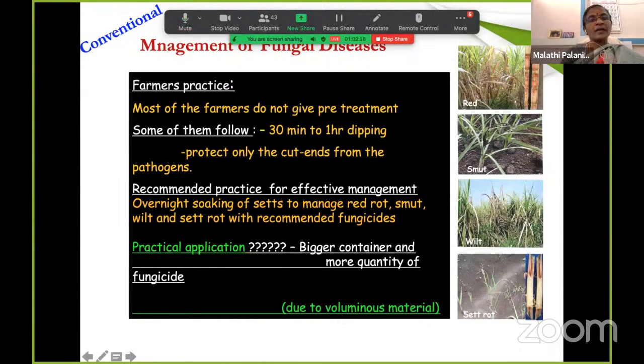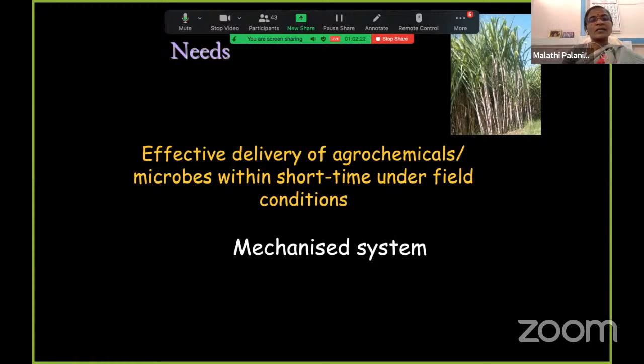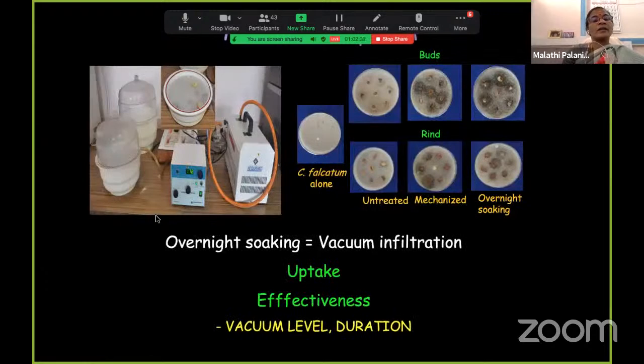So in that condition, we thought of having some mechanistic system for easy and effective delivery of molecules for the management of diseases under field conditions. We developed a prototype based on the vacuum infiltration technique, and we found that by this technique, the delivery of fungicide was equal to that of overnight soaking.